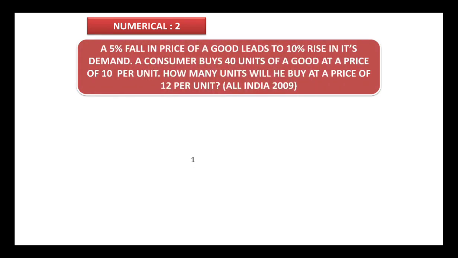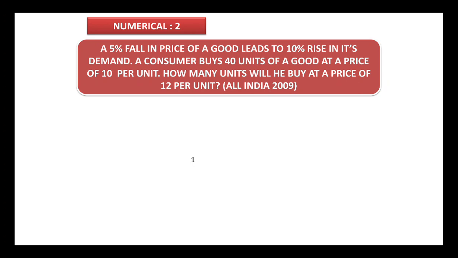Next. Over here they say a 5% fall in the price of a good leads to a 10% rise in its demand. Okay, they are talking in terms of percentage, fine. A consumer buys 40 units of a good at a price of rupees 10 per unit. Then they are also giving you some absolute values.